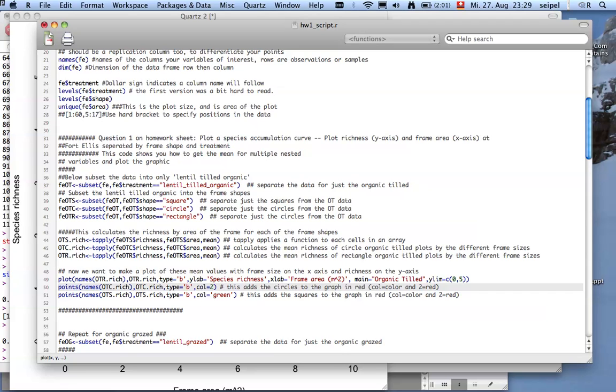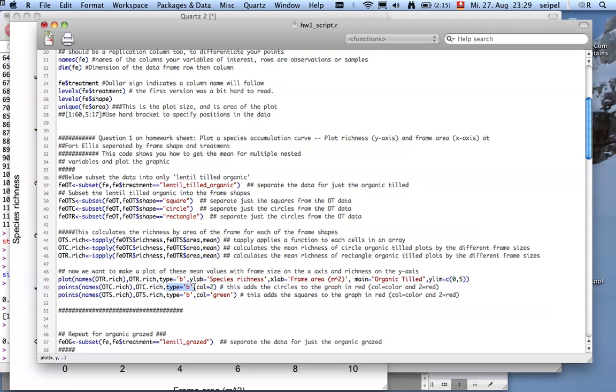But instead of using the plot command again, which always initiates creating a new plot, I'm using just the points command because I would like it to add these points. And by using type B here, it refers to both, which will put lines between the points. If you use just type L, it will be lines.